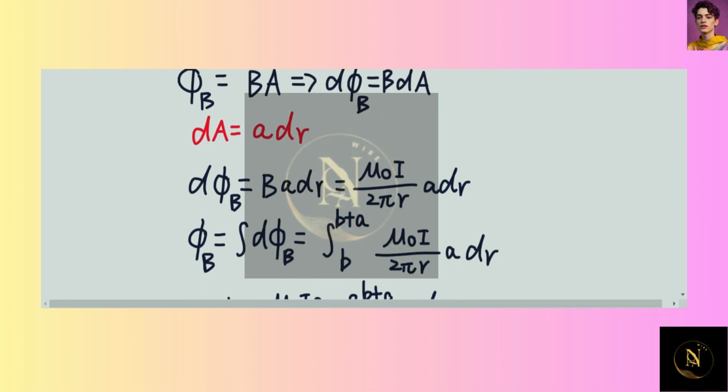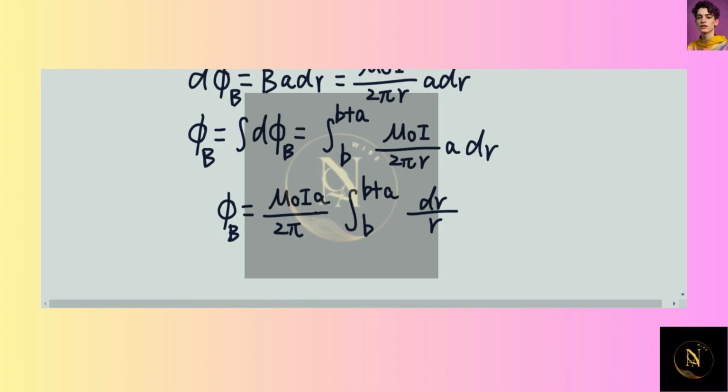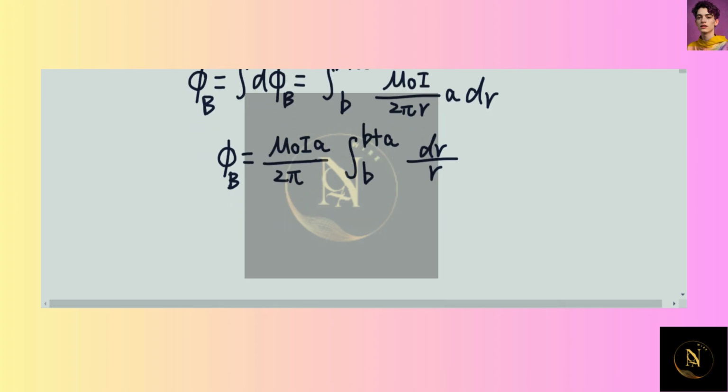Then I have the magnetic flux is equal to the integral of the derivative of the magnetic flux. Therefore, we have the integral ranging from b to b plus a, and inside the integral is mu0 I over 2 pi r times a dr. Therefore, phi b is equal to mu0 I a over 2 pi, with the integral of dr over r inside. So we can determine the integral here.